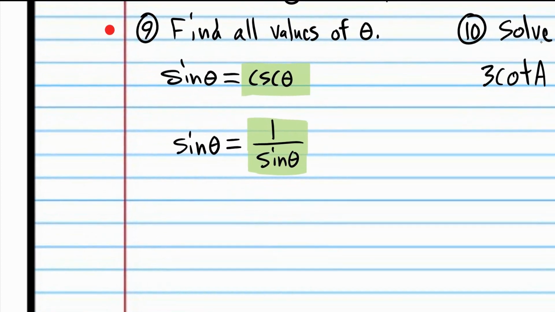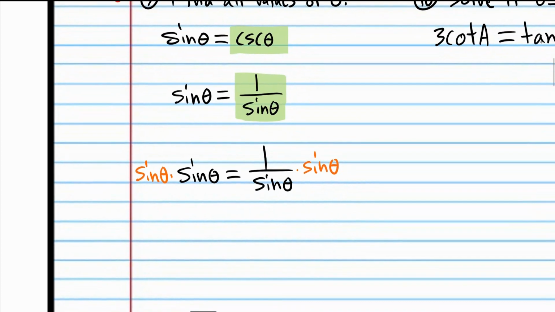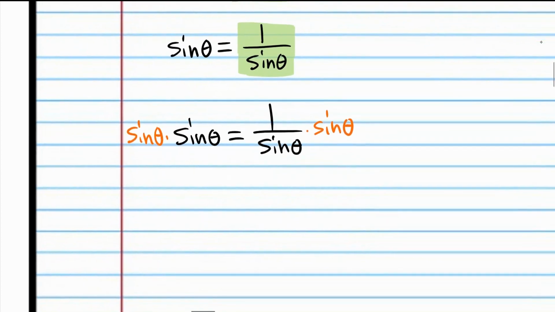But that's not enough to really solve the problem, because now we have introduced a fraction into the equation. So now it seems even more difficult. But if we multiply both sides of the equation by sine theta, we can get rid of that fraction and things will start to become clearer.